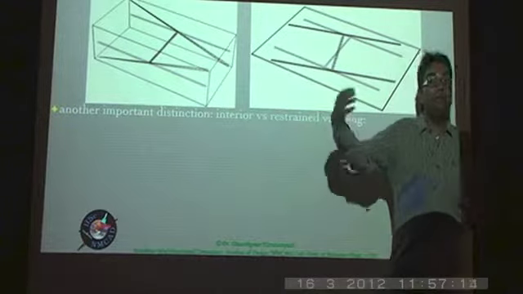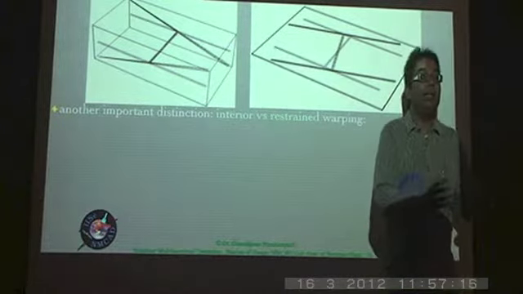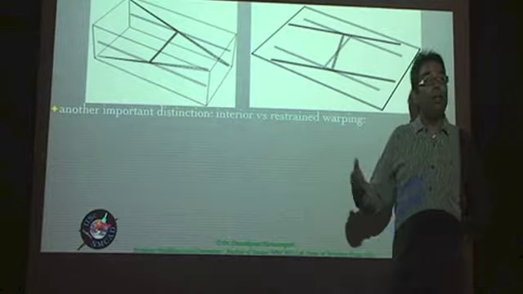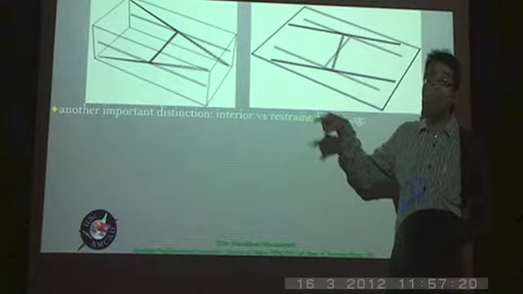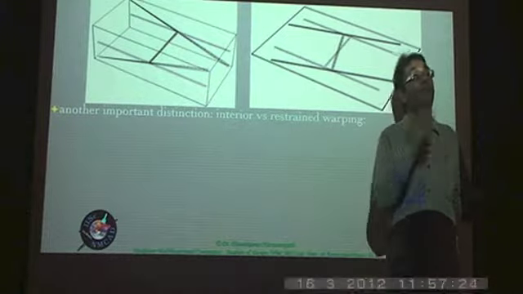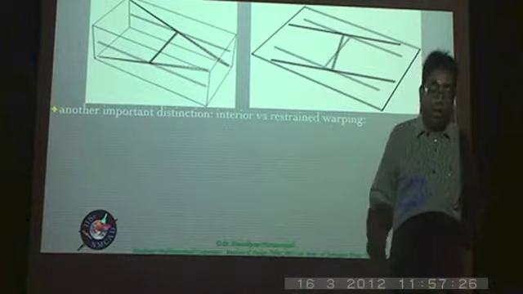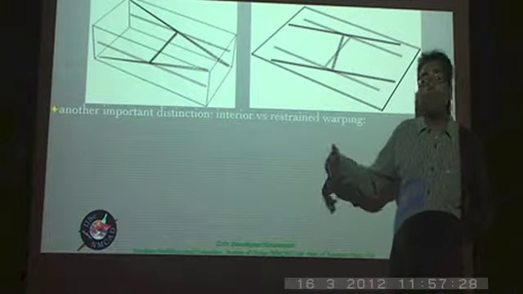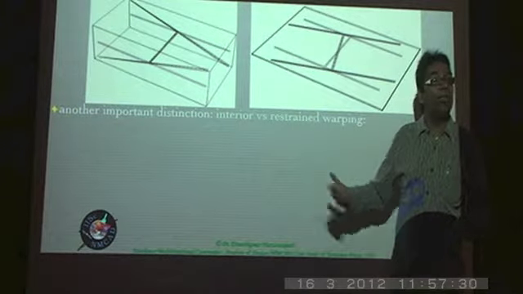It is the resultants of those loads which actually affect the interiors. But in reality, because of this restrained warping, you can have the effects permeating much further inside as well. And an example of that is what we saw in the previous slide in terms of kappa 1 prime.